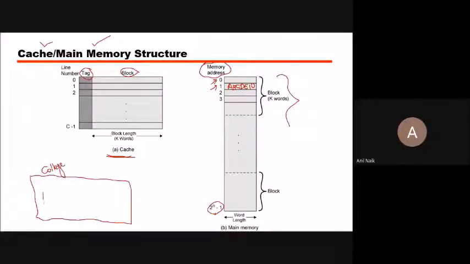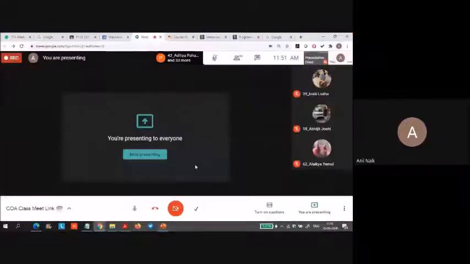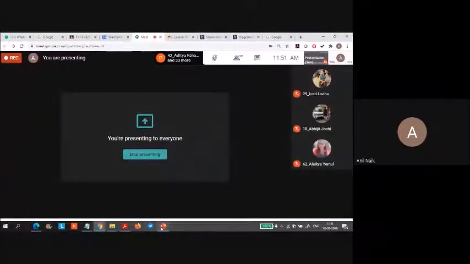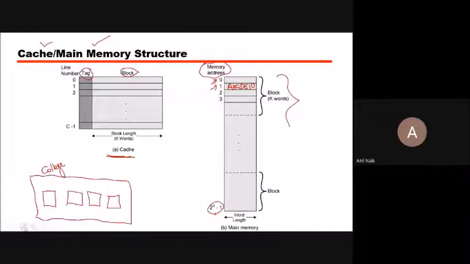A college contains so many departments. So here the college means main memory.